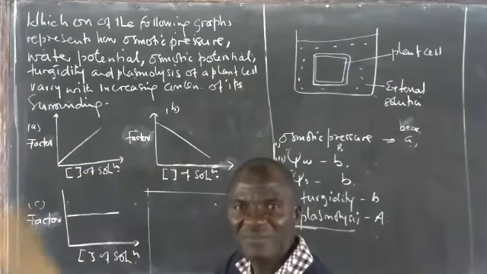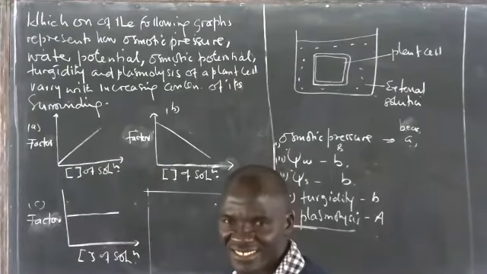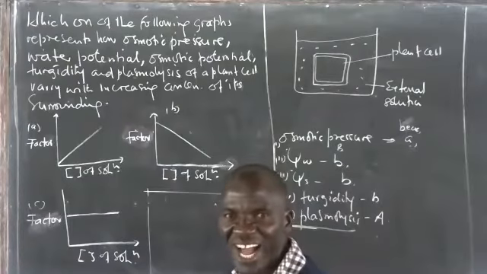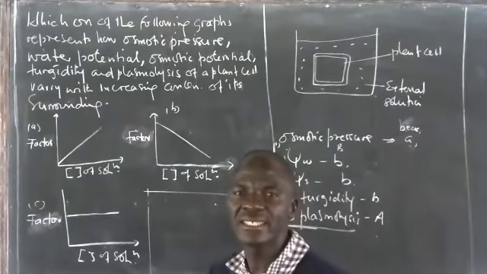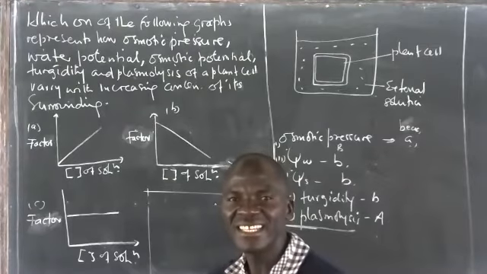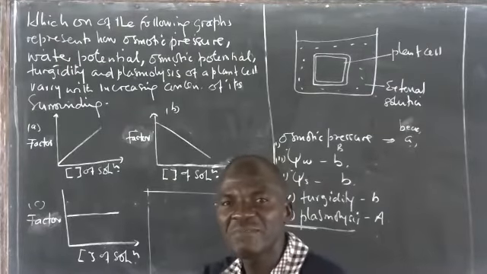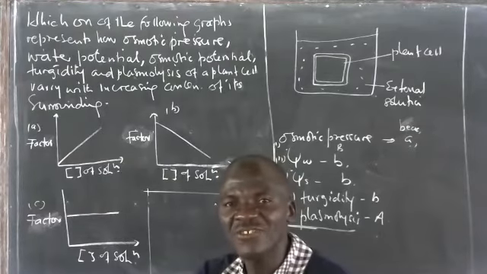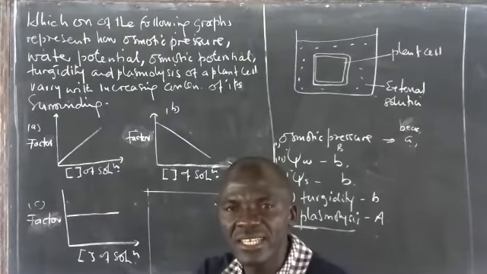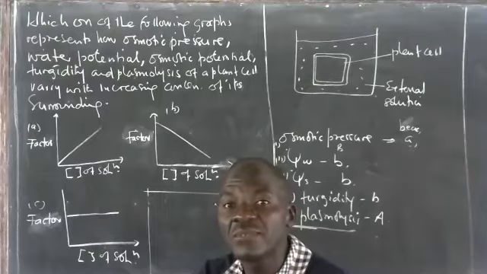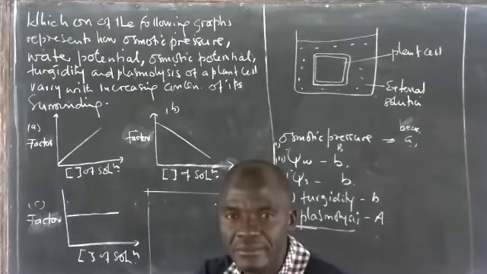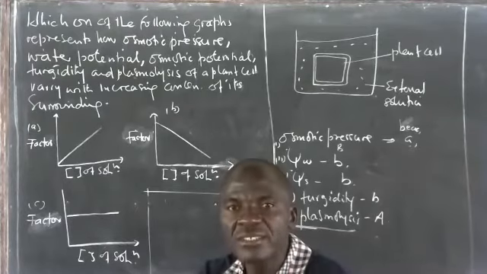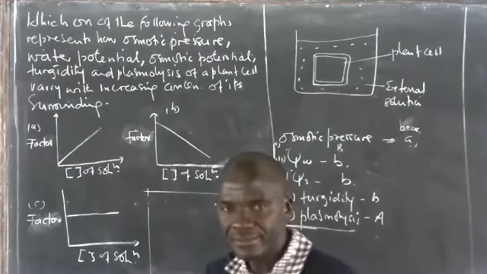And as it absorbs water, it will have too much water in it. And then its water potential will be high. And since it has too much water in it, the tendency of that cell to lose water by osmosis will also be high. So its solute potential will be high.